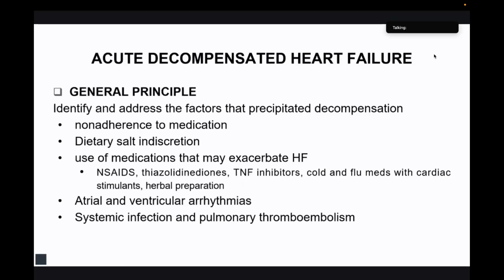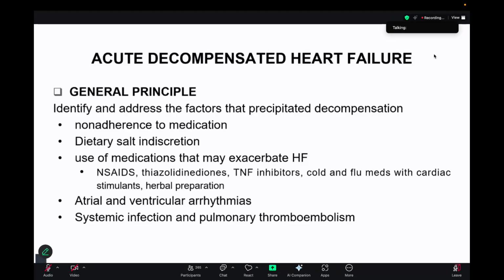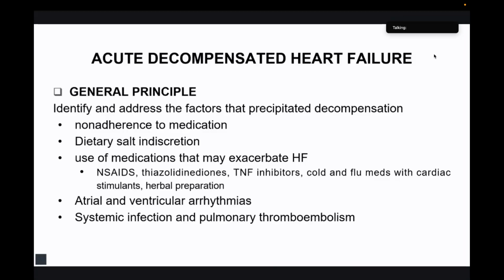So for the management of acute decompensated heart failure, the general principle is to identify and address the factors that precipitated the decompensation. So you look into the history of non-adherence to the medications prescribed, look at their dietary salt intake, look at the medications that they have been taken or have been prescribed that may exacerbate the heart failure condition, such as NSAIDs, herbal preparations.